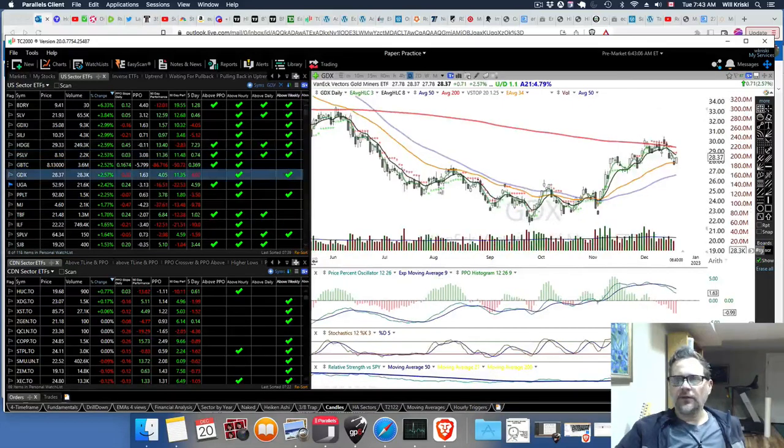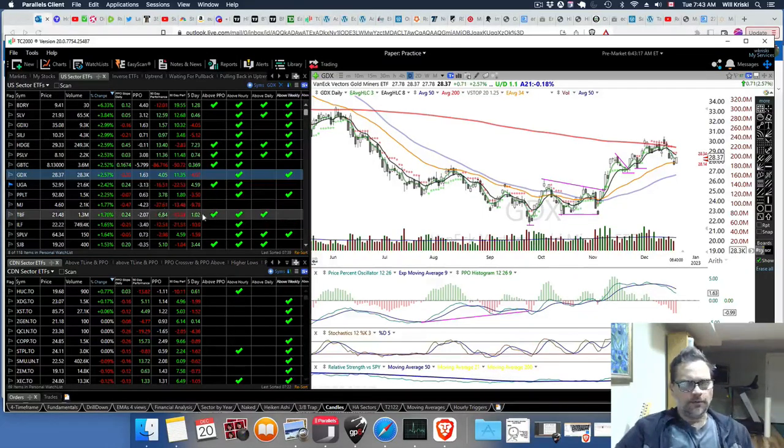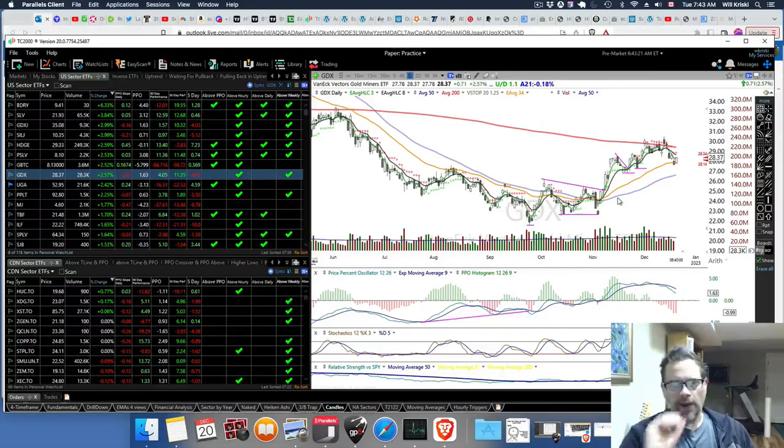And so GDX and silver, I don't like the fact that this is sloping down. Right now in the pre-market, it's up 2.5%, but the PPO's slope is a bit delayed in terms of its performance. In terms of the price action, it's not exactly reacting.